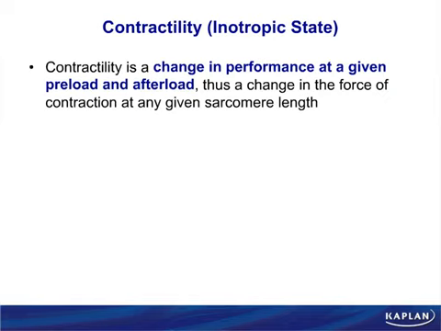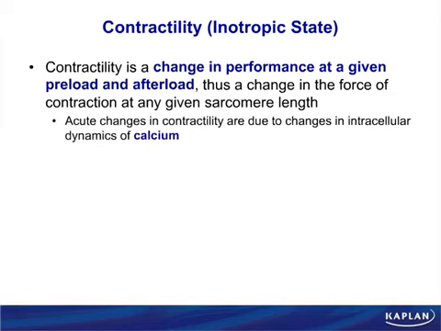A change in performance at a given preload and afterload. What's going to change the inotropic state physiologically? A big one is, as we indicated before, calcium. Give more calcium, more crossbridge cycling, greater force of contraction. So acute changes in contractility are due to changes in the intracellular dynamics of calcium.